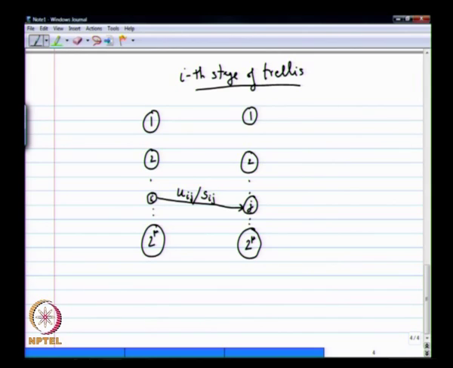Remember uij is going to be just 1 bit, and sij I am thinking of as 1 minus 2 times the BPSK encoded form. So, it will be a length 2 vector because of a rate half code. If it is a rate 1 by n code, then it will be a length n vector with plus 1s and minus 1s depending on what the actual output was. All right. So, what I will do is associate with this branch something called a branch metric.